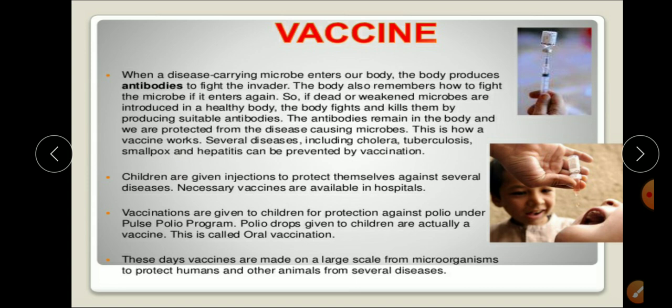At the age of 1 month, 2 months, then 1 year, then 2 years, after 5 years, some vaccinations we have taken, isn't it? So several diseases like cholera, tuberculosis, smallpox can be prevented by what? Vaccination.